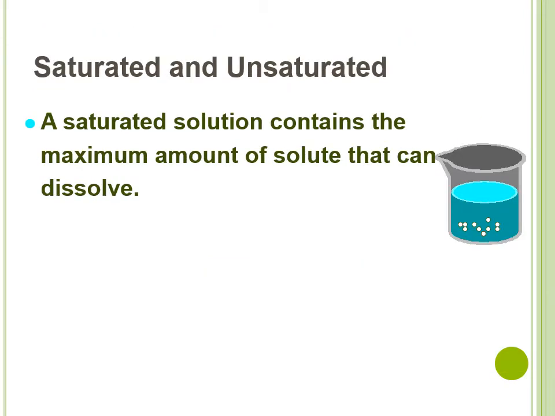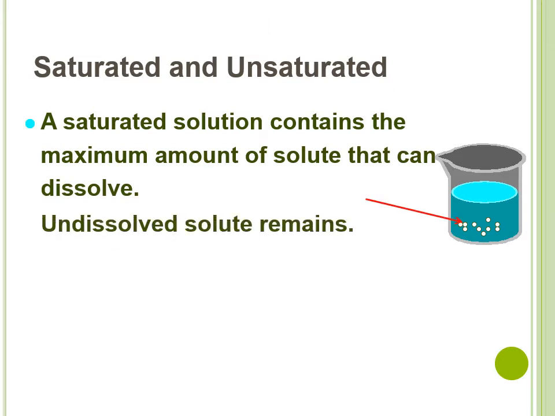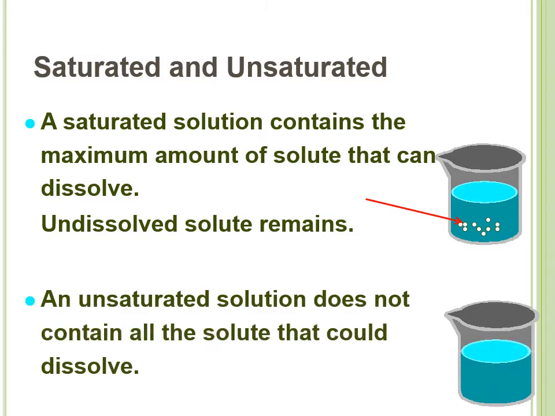What is a saturated and unsaturated solution? A saturated solution contains the maximum amount of solute that can dissolve. In the beaker here, we can see the undissolved solute remains at the bottom as precipitate. What about unsaturated?